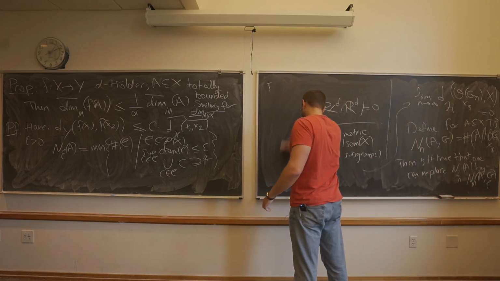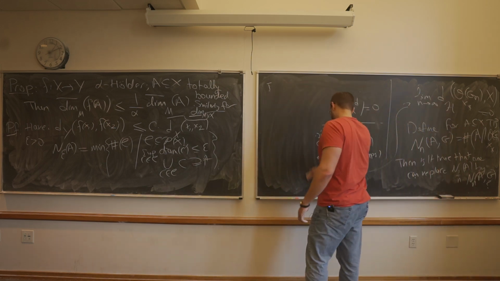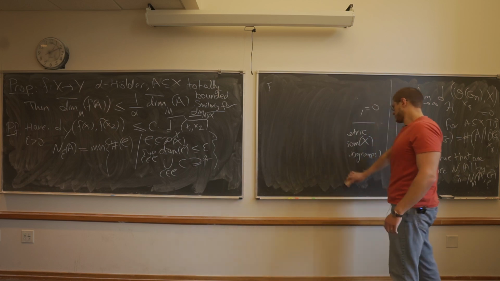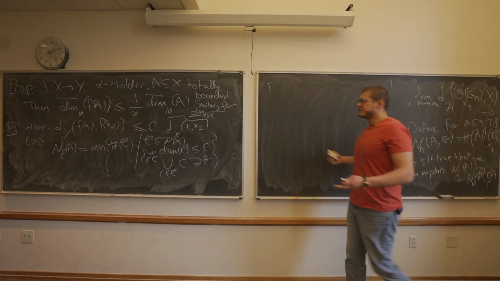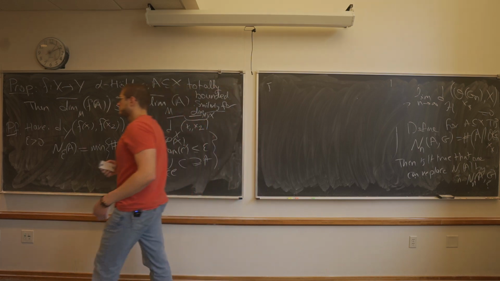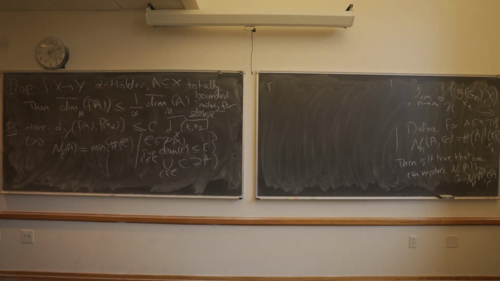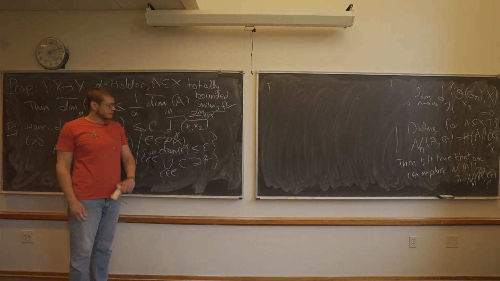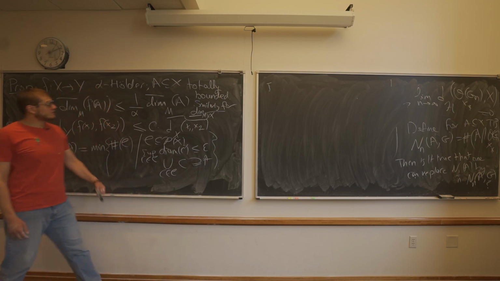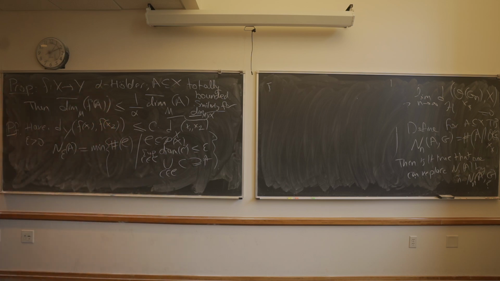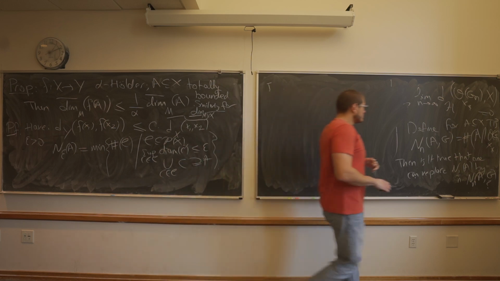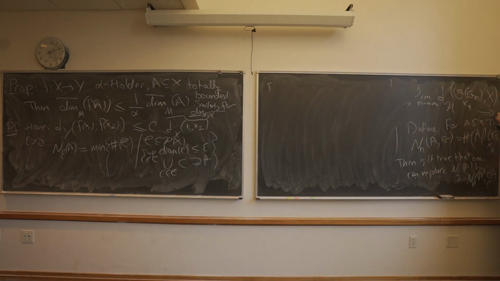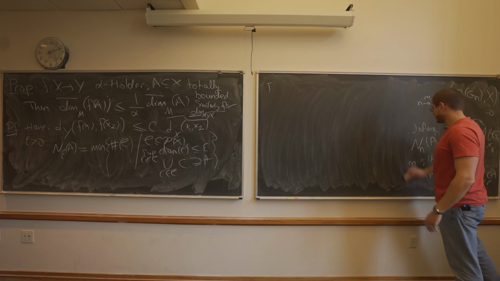So the point is the following. If I start with some cover of A that has this property, then because f has the Hölder property, I can control the diameter of the cells of the image covering. So here's what I mean.